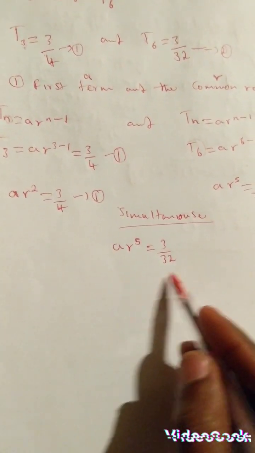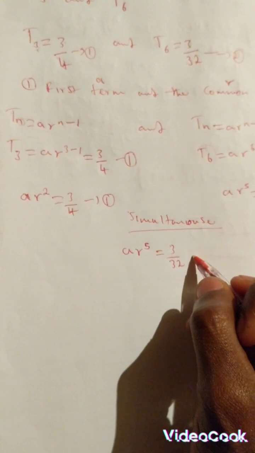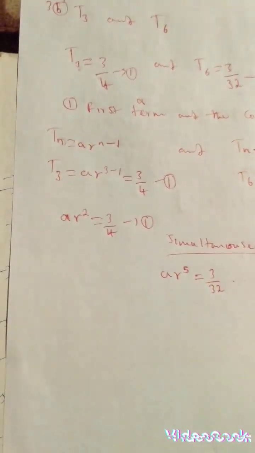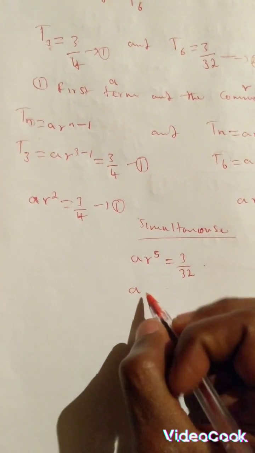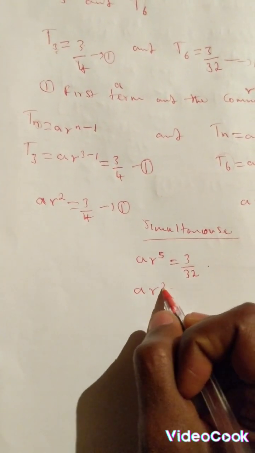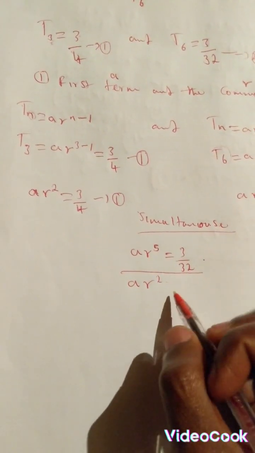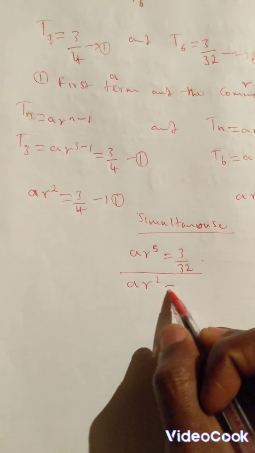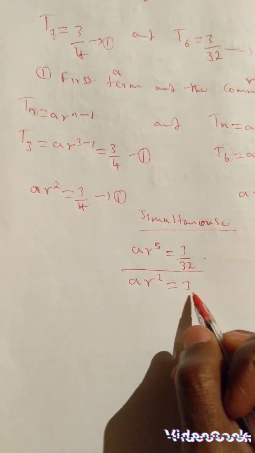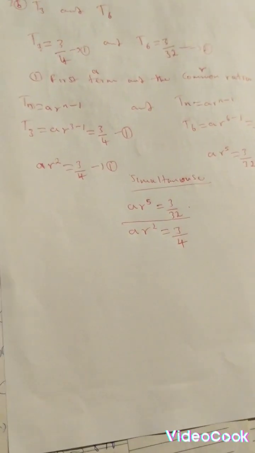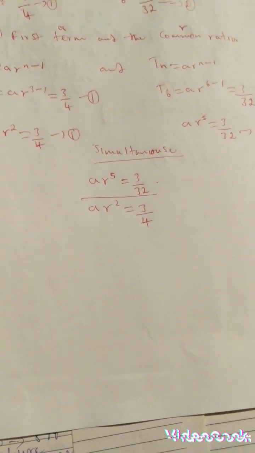Then down here, we started with the second equation, then we come to the first equation by saying first term a times r squared over equals 3 over 4.